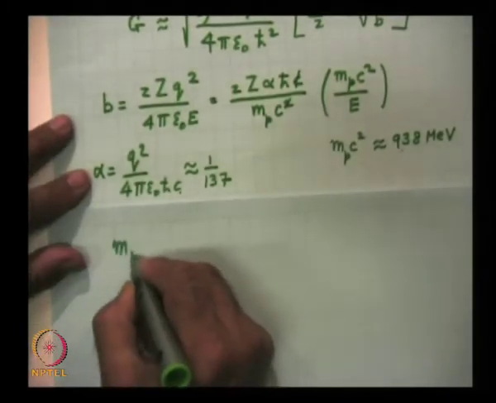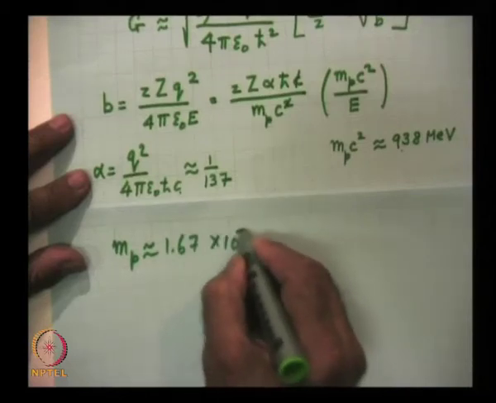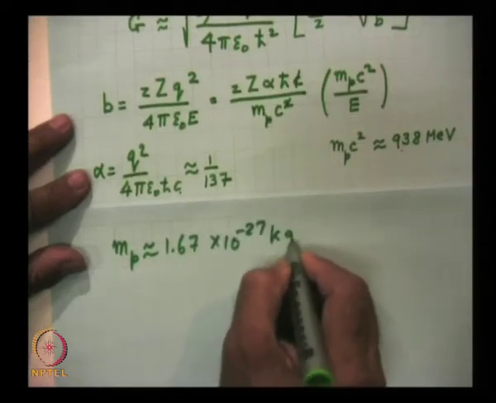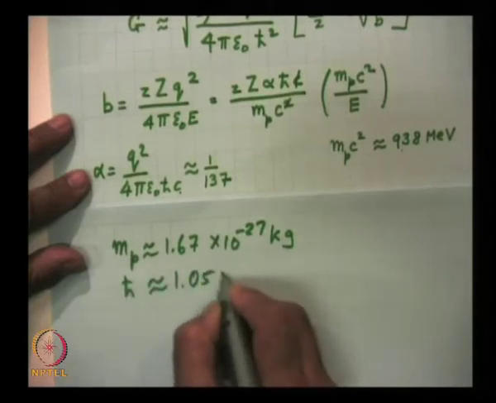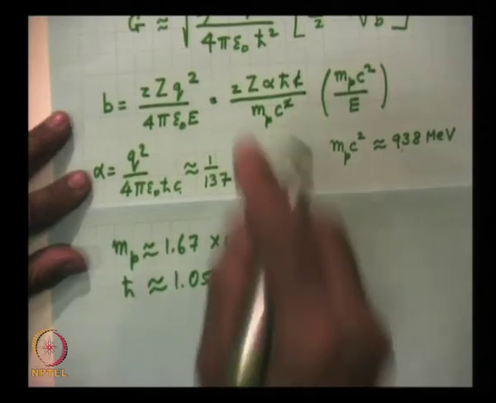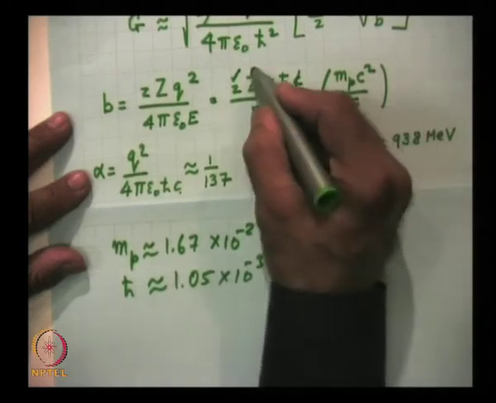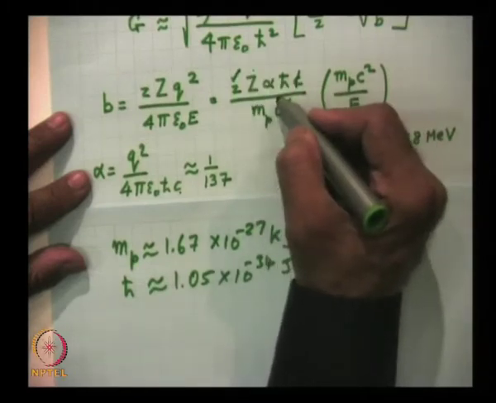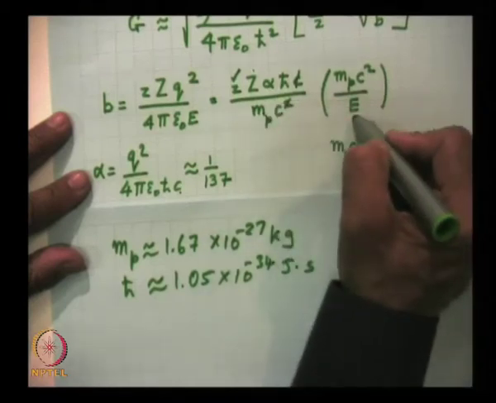MP is equal to 1.67 into 10 to the power of minus 27 kg, and H cross is equal to, as you know, 1.05 into 10 to the power of minus 34 joule second. So, I substitute for small z 2, z remains like that, and E is measured now in MeV.